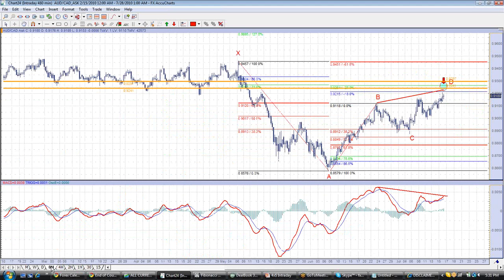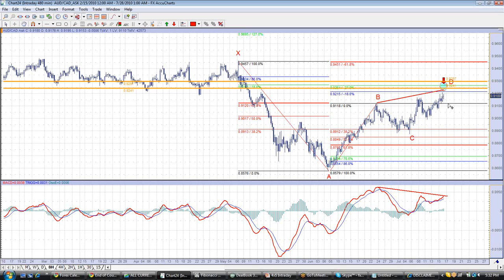And this is why I always start from the higher time frame, and if I find a resistance level or support level on that time frame, I know that this is the area where I want to trade. And in this case, here is where I want to sell.